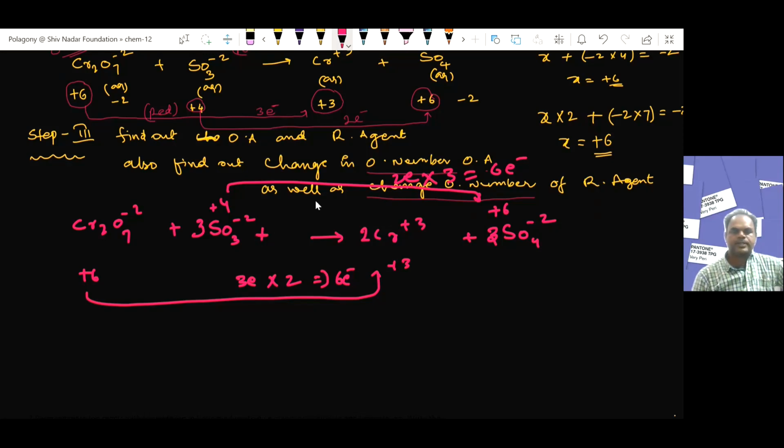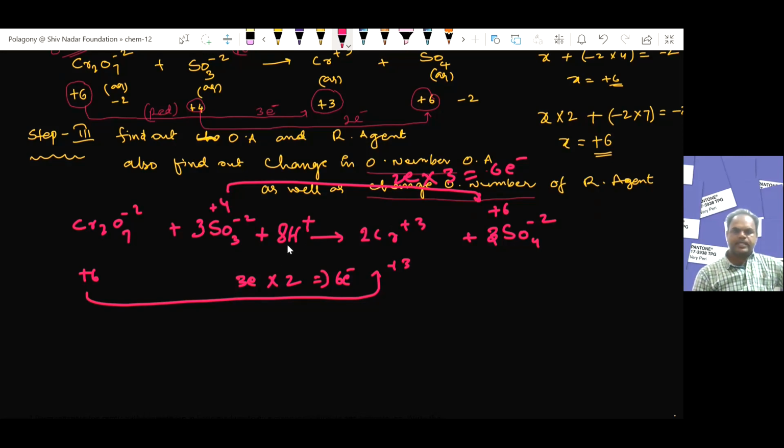So hence this reaction is carried out in acidic medium. So how much charge here? Minus 2, and 3 into minus 2, totally minus 8 charges present. Hence I am bringing here 8 H plus ions for balancing the charge.